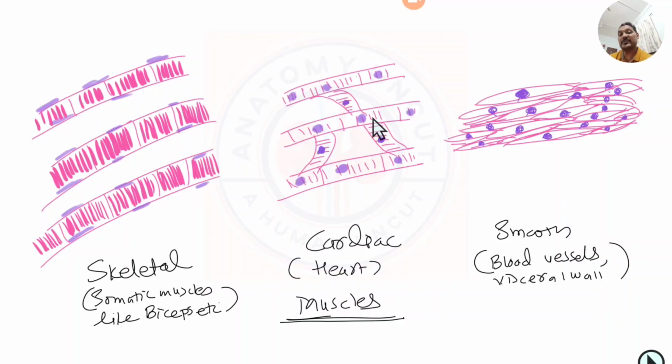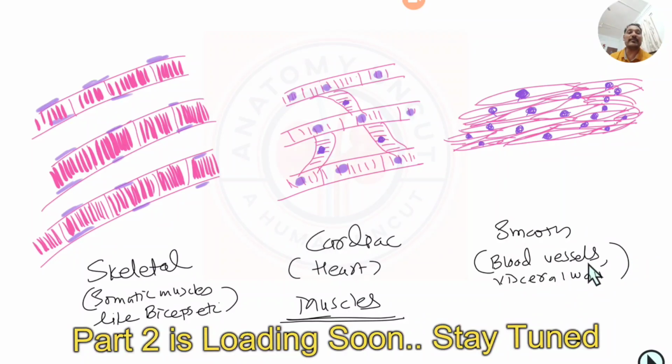The third type of muscle is known as smooth muscle, which overlap each other. The central nucleus cells are very much condensed around each other, and this stacked appearance is the characteristic feature of smooth muscle, seen in the blood vessel wall, the visceral wall.